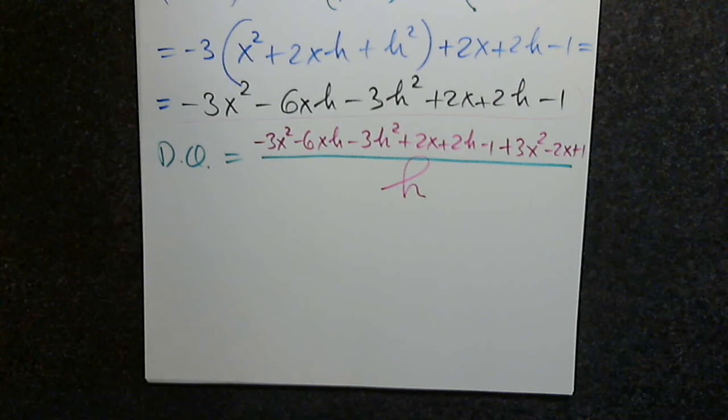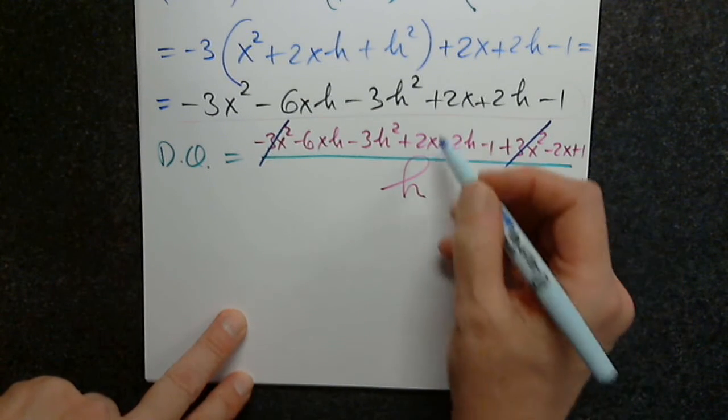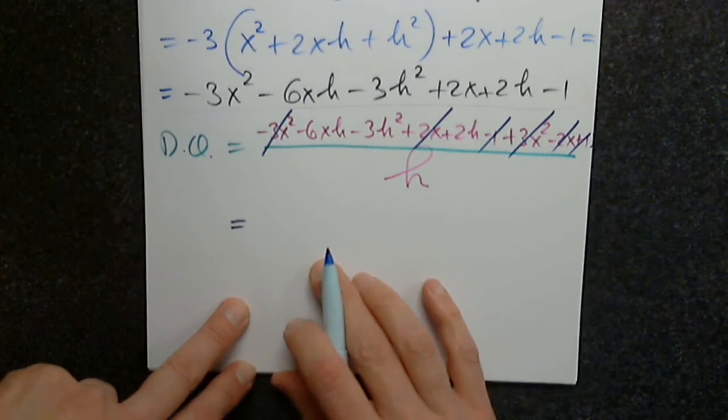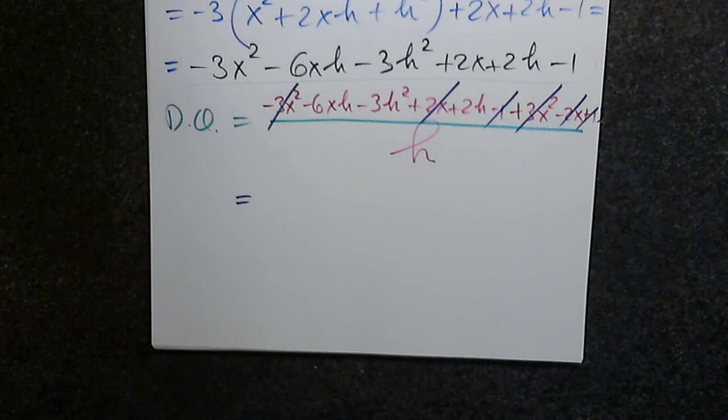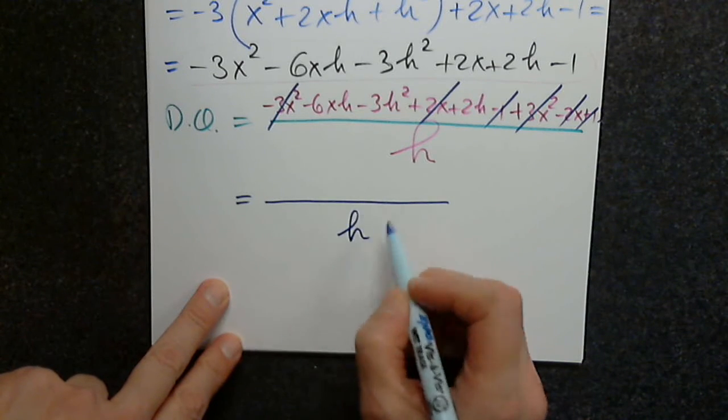So what follows next? Yes, these two go away, these two go away, and these two go away. What is left? How many terms? 3.